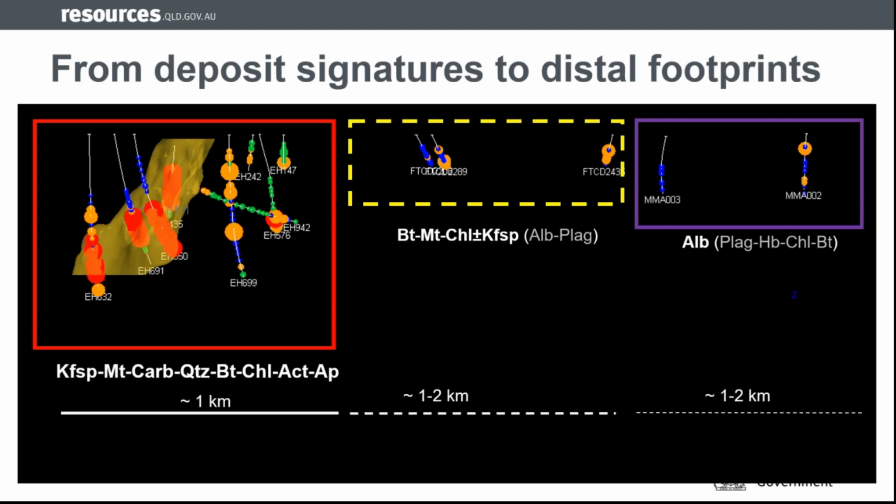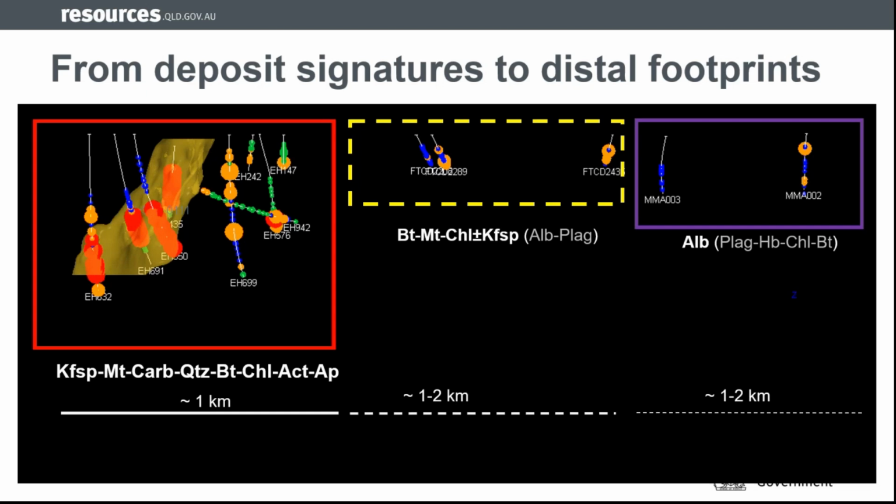And now, very quickly, just in a couple of slides, an illustration about one of the biggest end games of this whole exercise: how to take the work done on deposits and expand it to distal footprints. So in places like Ernest Henry, we spent the longest time there.